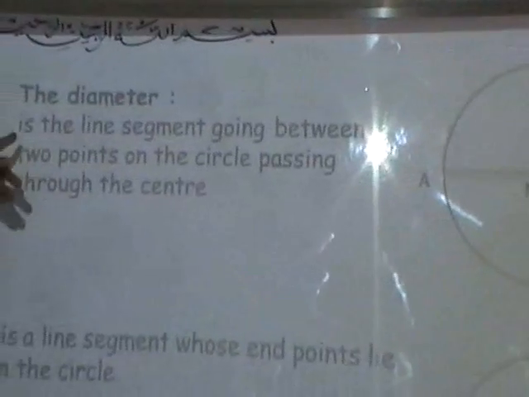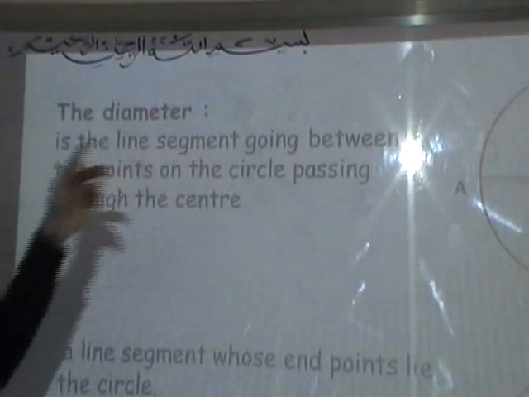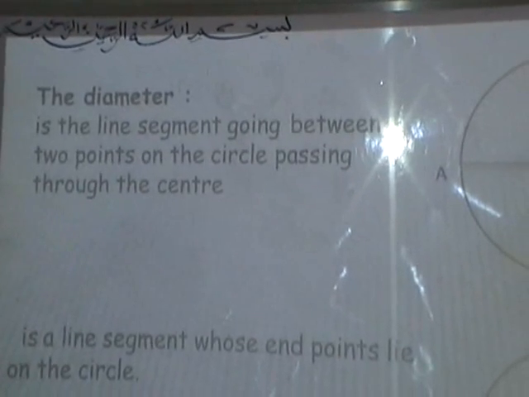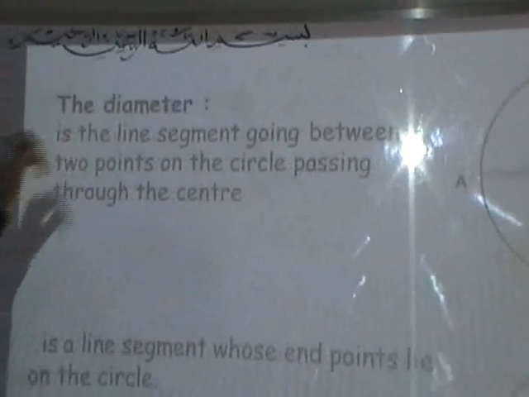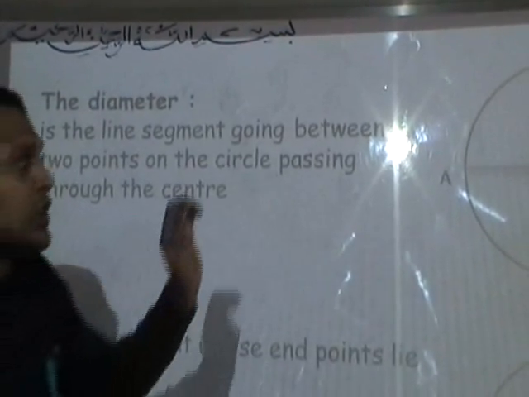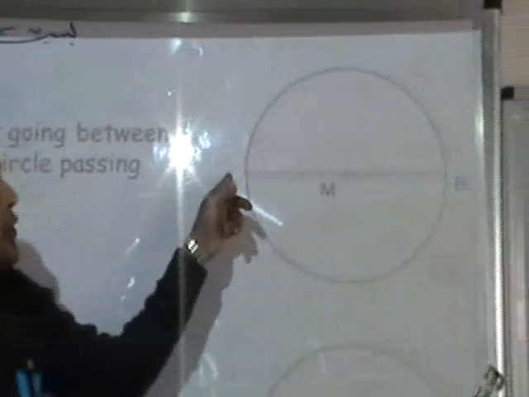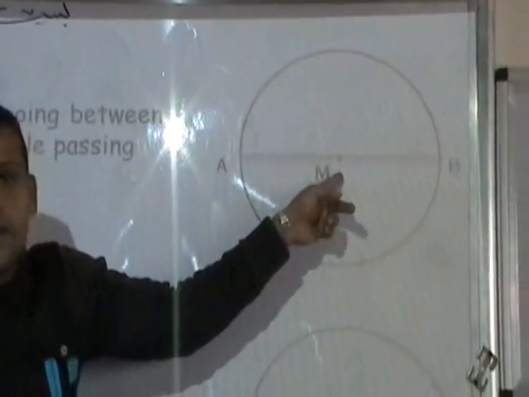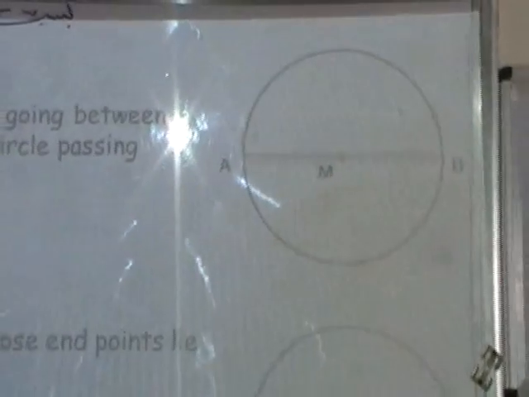The line segment joining 2 points on the circle and passing through the center is the diameter. So the diameter of the circle is the line segment joining 2 points on the circle, but it must pass through the center of the circle.